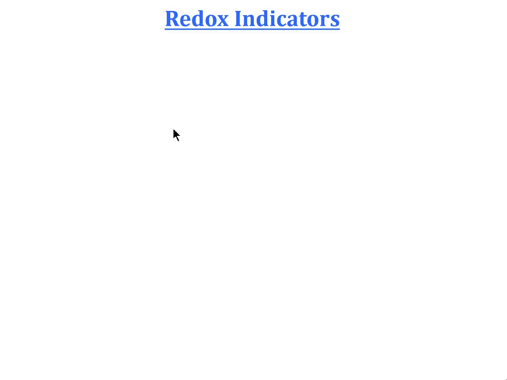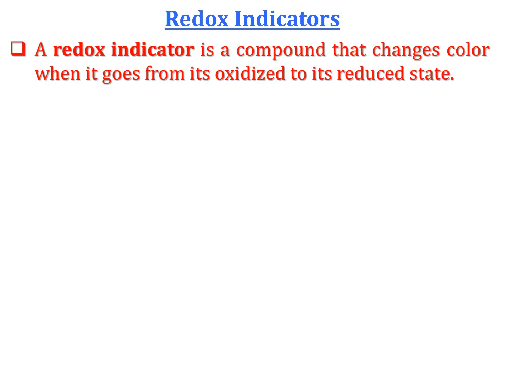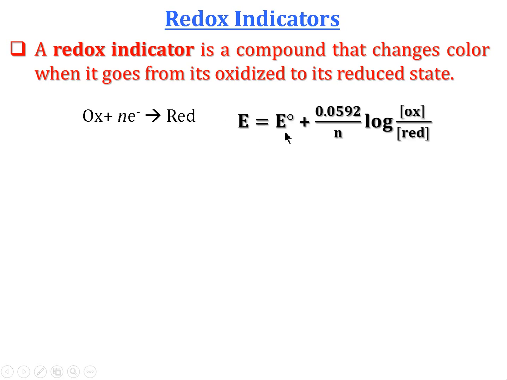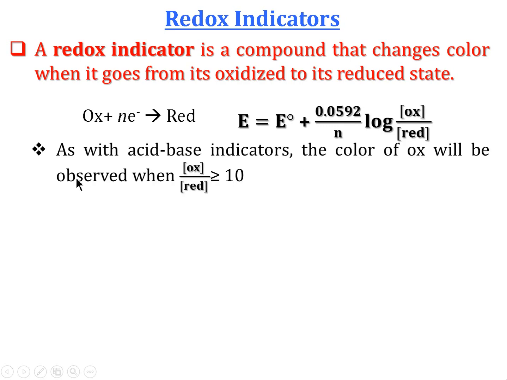Redox indicators. A redox indicator is a substance used during the redox titration. It changes its color when it passes from its oxidized to its reduced state. For example, Ox plus n electrons gives Red, so E equals E0 plus 0.0592 divided by n log the concentration of Ox divided by the concentration of Red.